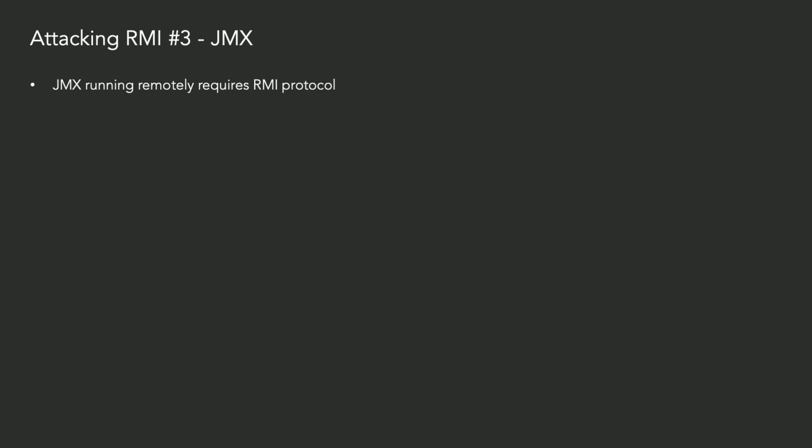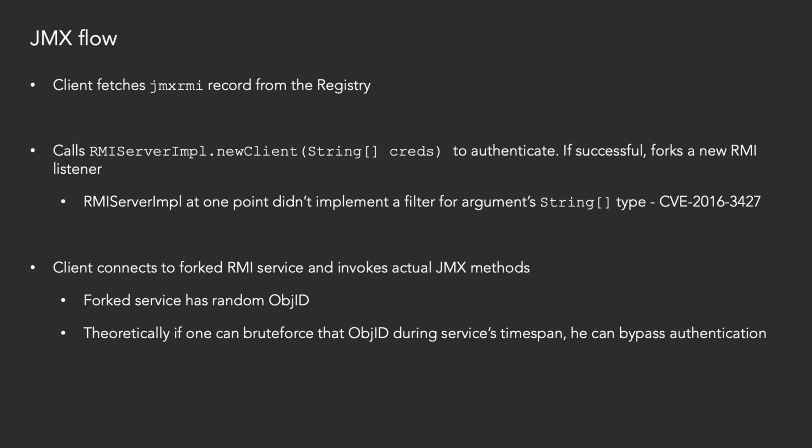JMX is a Java management protocol. When run remotely, it requires running over RMI. The flow is basically just like any RMI method call. First it fetches the JMX RMI record from the registry, and then it calls the RMI server implementation's newClient as a custom service to authenticate.